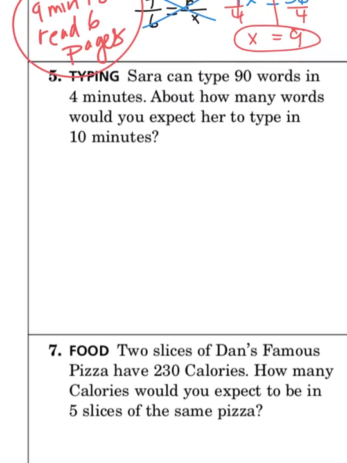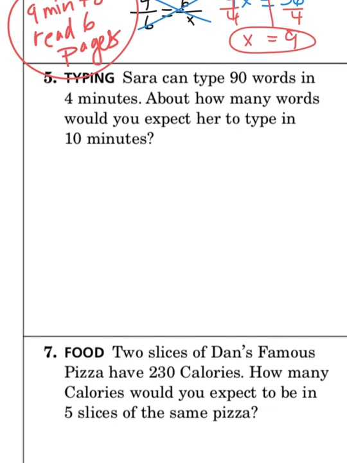Typing. All right. Sarah can type 90 words in 4 minutes. About how many words would you expect her to type in 10 minutes? This information goes together. Sarah can type 90 words in 4 minutes. 90 words in 4 minutes.